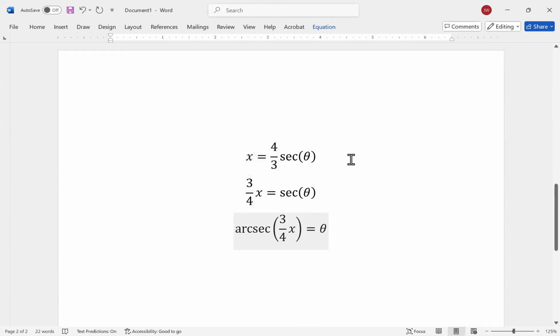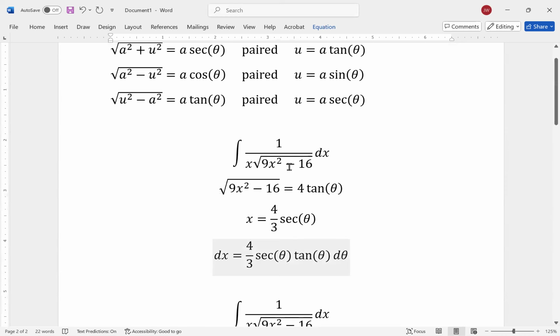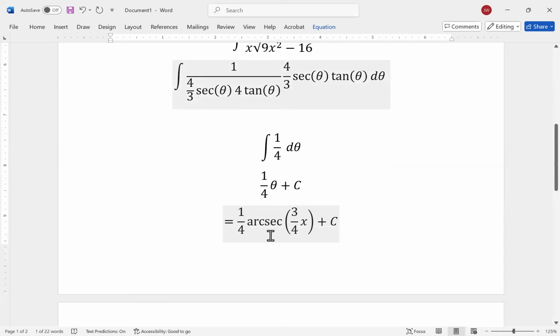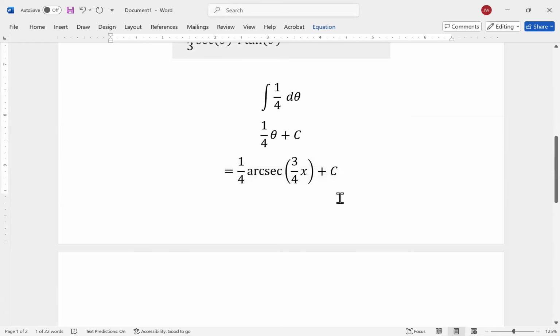Or if you really wanted to, you could have used arc tangent with this equation. So there's multiple ways of writing the answer. They're all algebraically equivalent, but I just solve for arc secant usually.